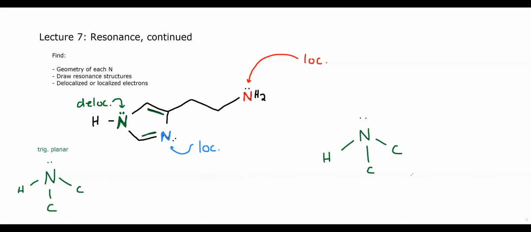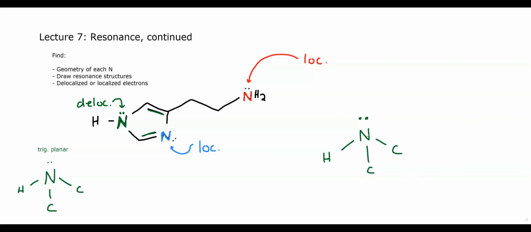Carbon, carbon. This green nitrogen we thought would be trigonal pyramidal, but since we have this potential for resonance, we have this lone pair here, which, if we draw the rest of the carbons, has a double bond right next door. This lone pair will actually go into a p orbital.